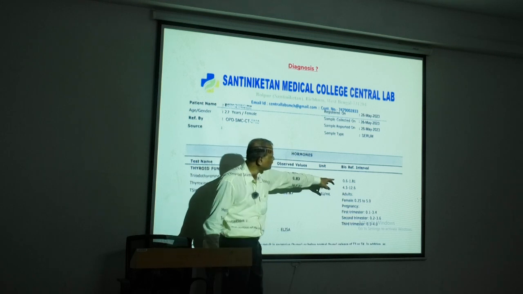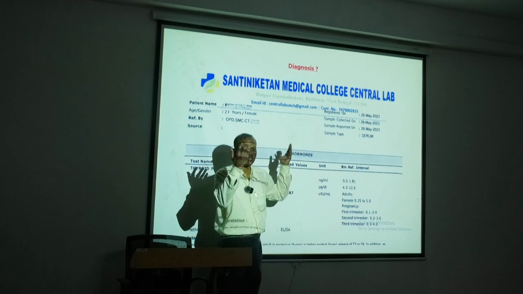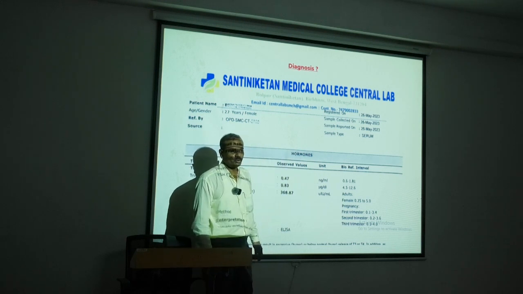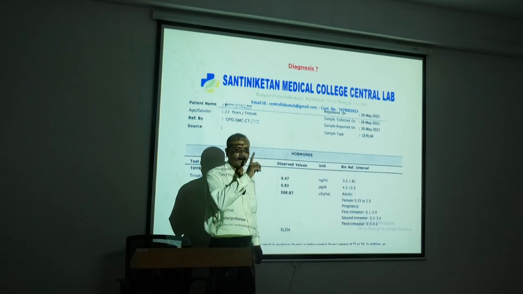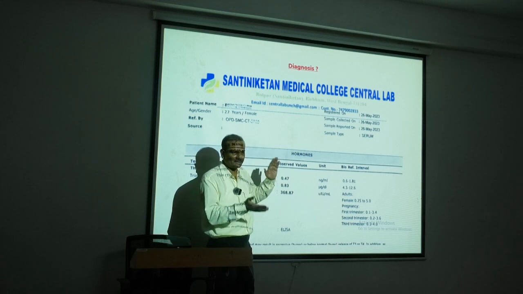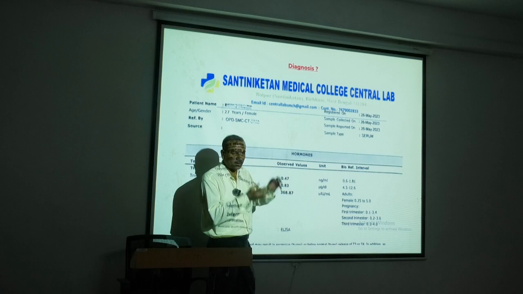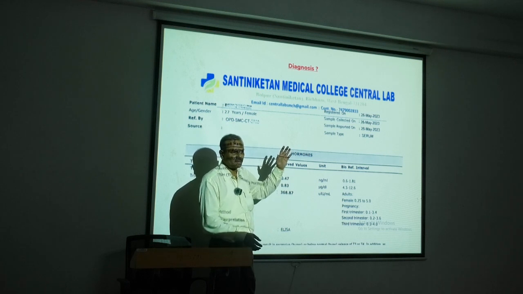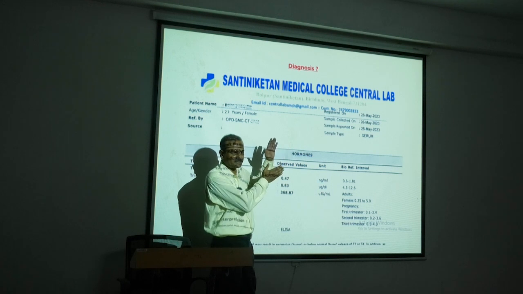Similarly, the T3 level is 1.8, it will be 18, 20, 30, we don't know the figure. So in that case, that is a secondary hyperthyroidism, not hypo. If you know the regulation very properly, you can tell whether the problem is at the thyroid gland or at the pituitary or hypothalamus; pituitary and hypothalamus is secondary.